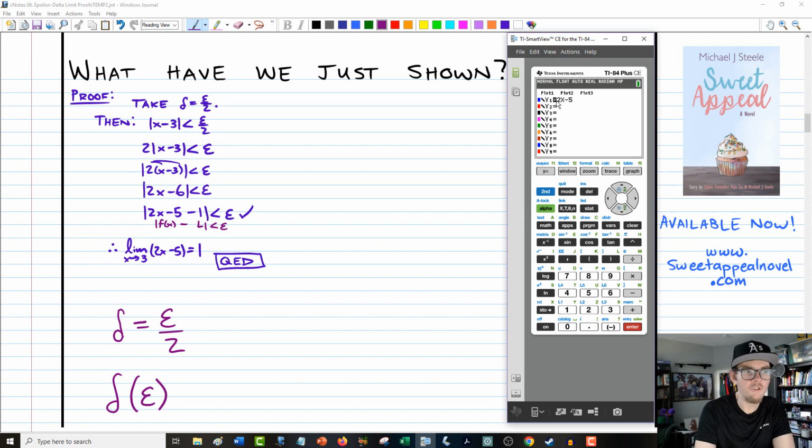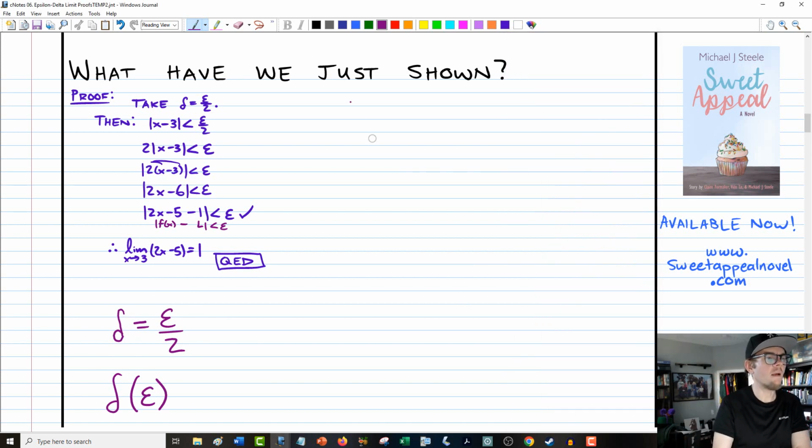I'm going to graph 2x minus 5. No surprises here, 2x minus 5 is a line. But what I want to show you is that our connection is actually valid. What does this connection, delta equals epsilon over 2, say? Well, let's establish a connection in the y direction.